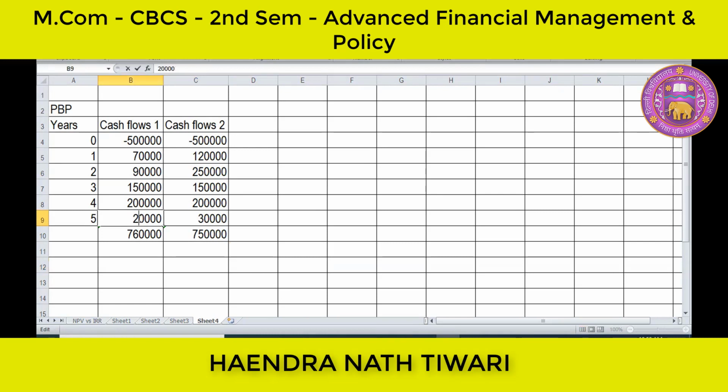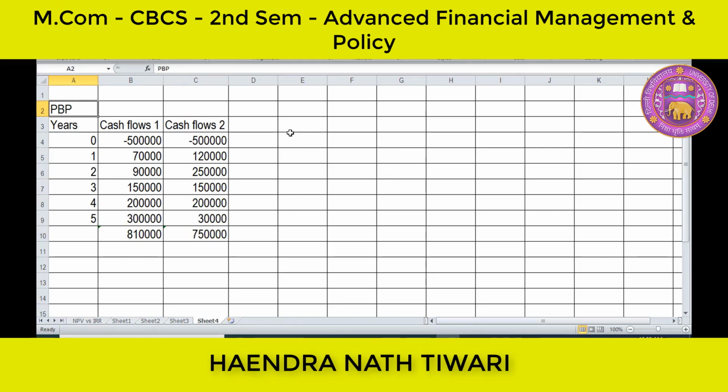Let me change it to 3 lakhs. I want to show you something. Total cash inflow will be 8,10,000 in project 1 and 7,50,000 in project 2. The question is which project we are going to take. So what happens in payback period?